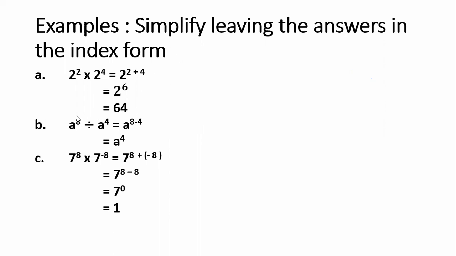B: a raised to power 8 divided by a raised to power 4. That's the second law: a raised to power 8 minus power 4, and 8 minus 4 gives us 4. That's a raised to power 4.